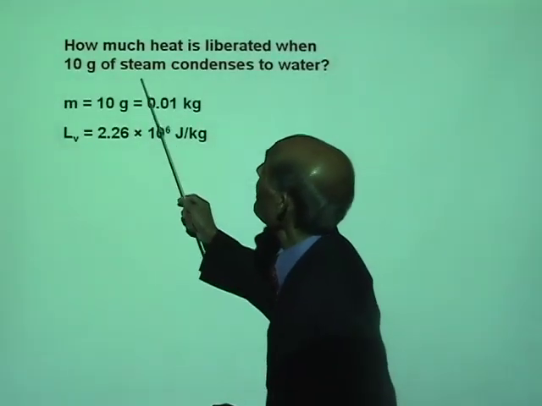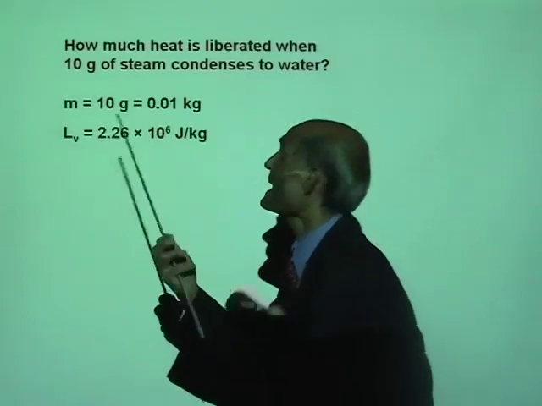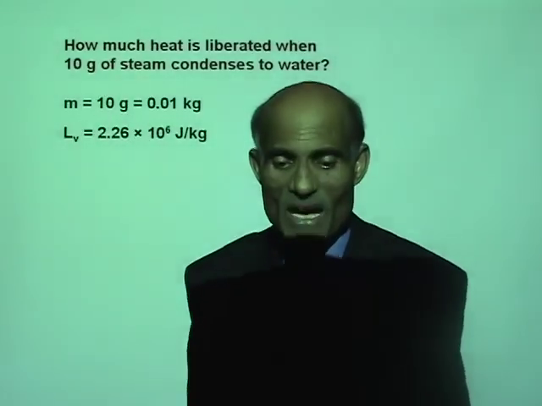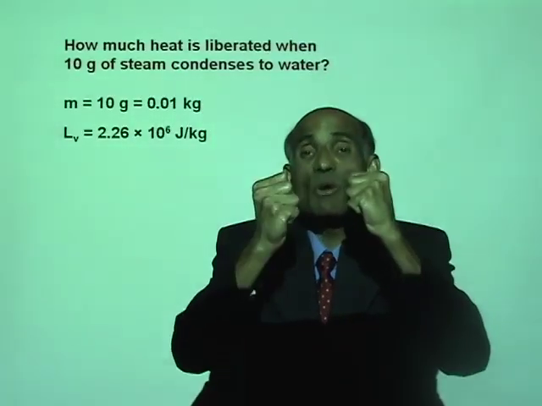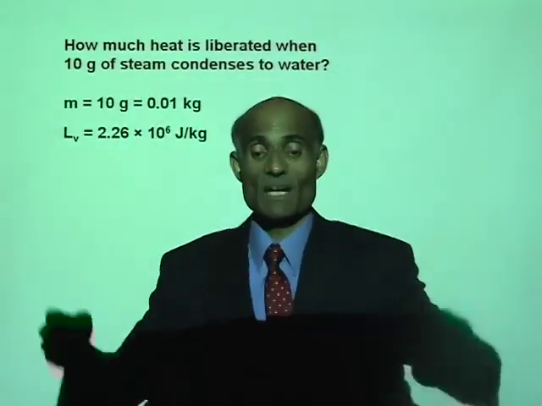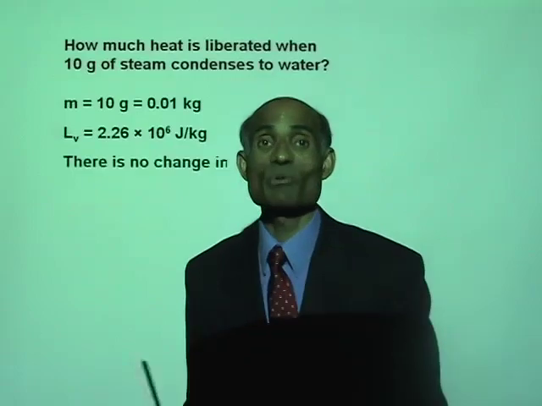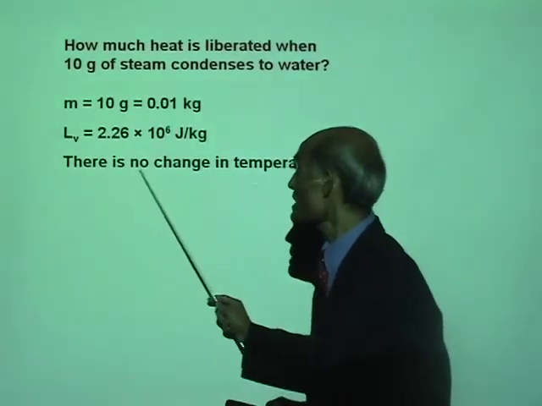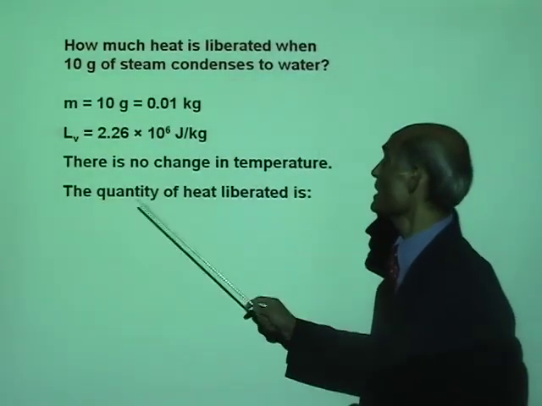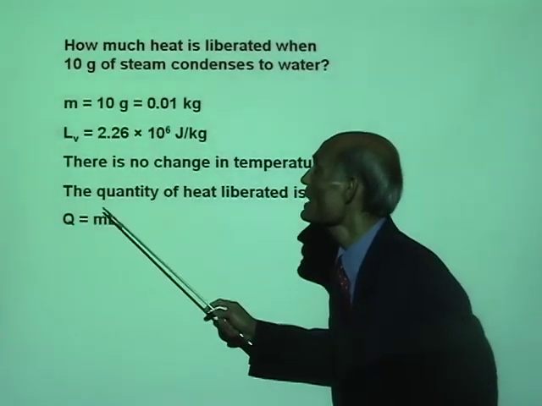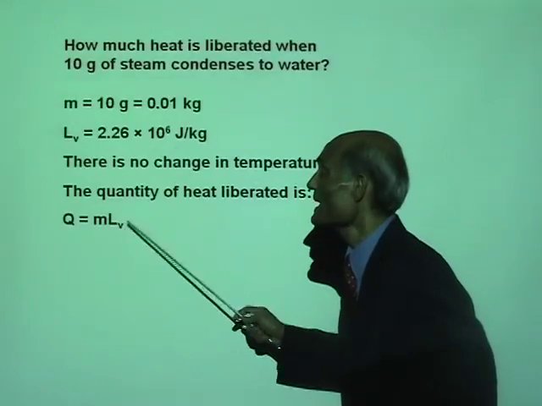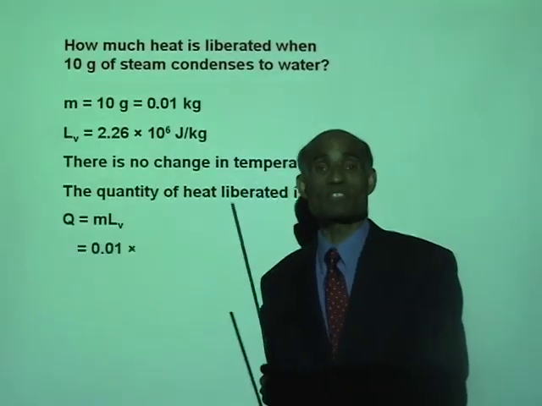And therefore, what is the amount of heat that is liberated? You know that when vapor condenses to form liquid, heat is liberated. Since there is no change in temperature, the quantity of heat liberated is Q equal to mass times latent heat of vaporization.